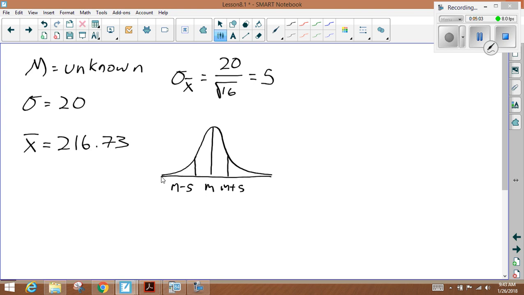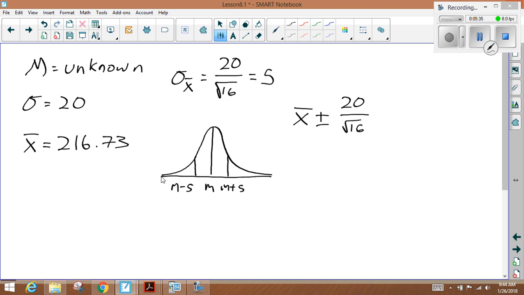That interval is x bar plus or minus 20 over root 16. Yeah, that's one standard deviation.